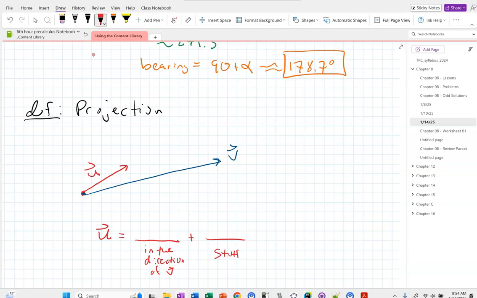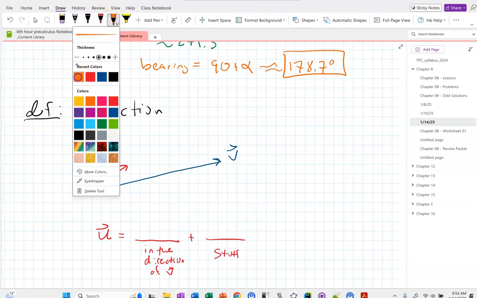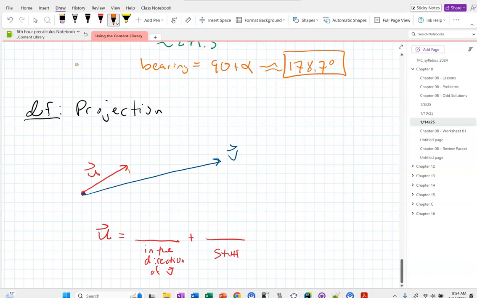The specific vector I want is the one that's in the same direction as v, and then whatever the leftovers are. So what this looks like graphically then is this vector we call the projection of u onto v.